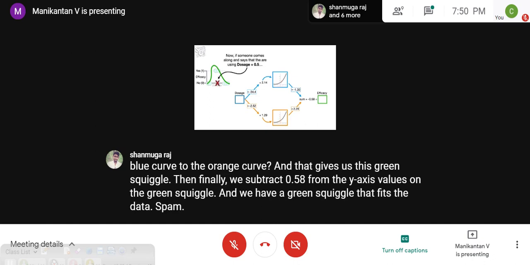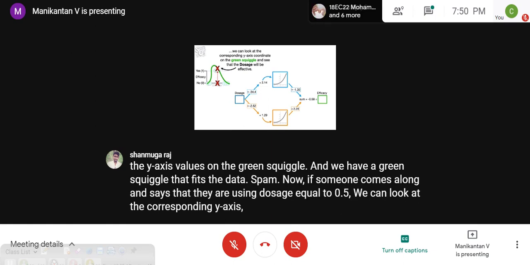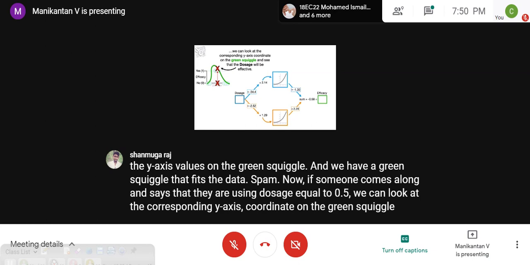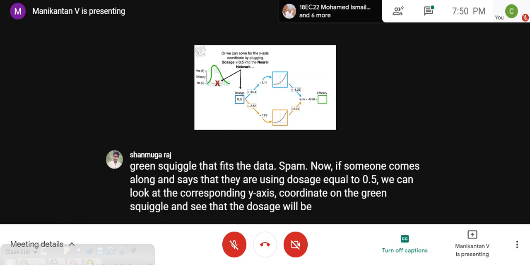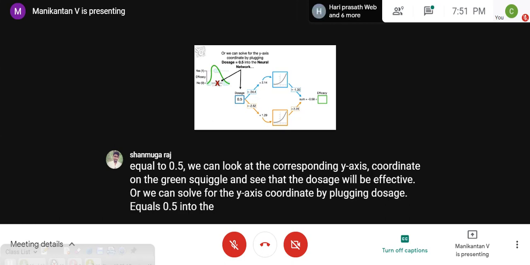Bam! Now, if someone comes along and says that they are using dosage equal to 0.5, we can look at the corresponding y-axis coordinate on the green squiggle and see that the dosage will be effective. Or we can solve for the y-axis coordinate by plugging dosage equals 0.5 into the neural network and do the math.